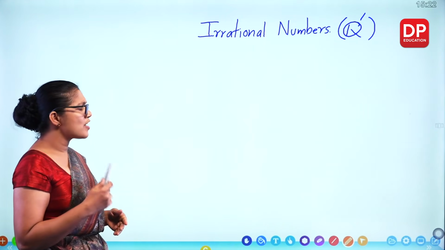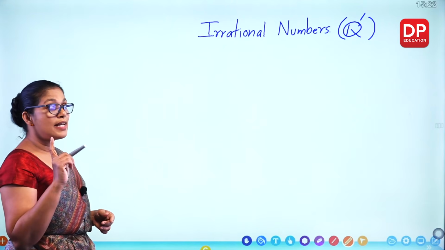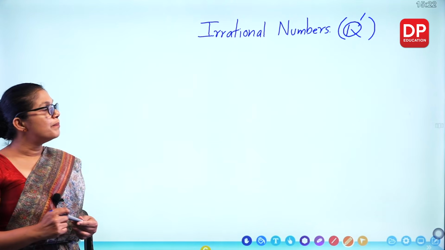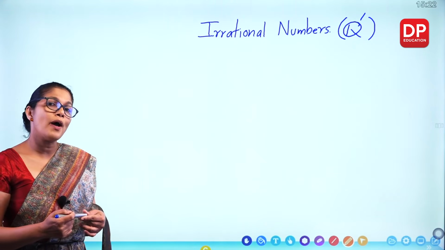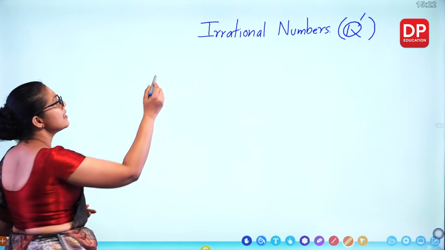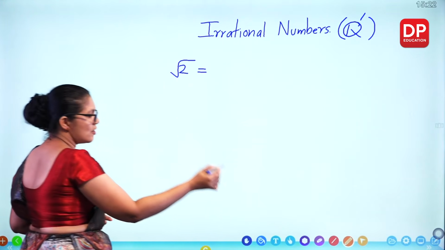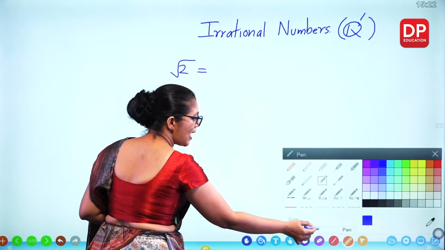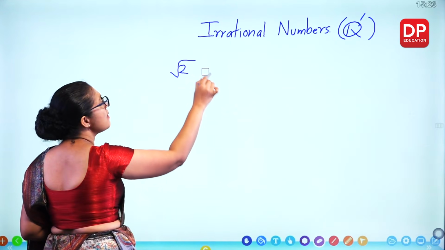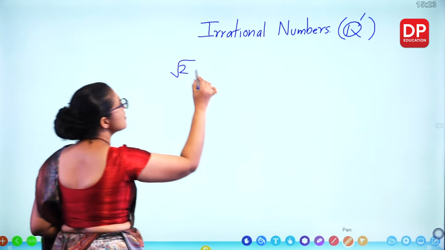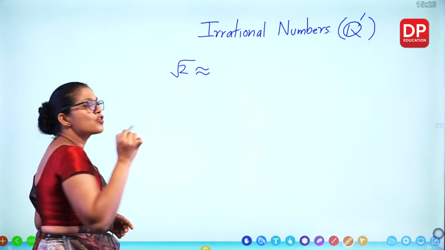So when you see Q dash, that means irrational number. So what are irrational numbers? In grade 10 you have done square roots. We'll take square root 2. Can you remember the value? We can find approximate values. What's the square root of 2?